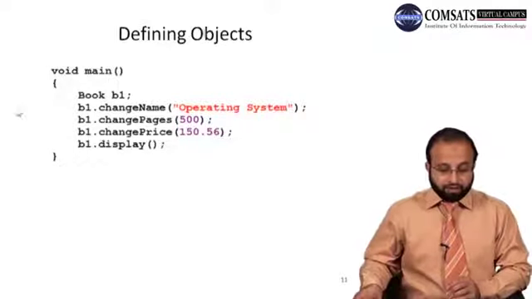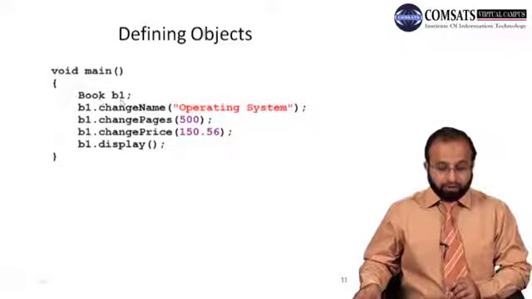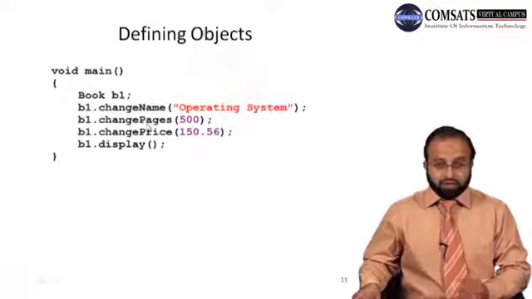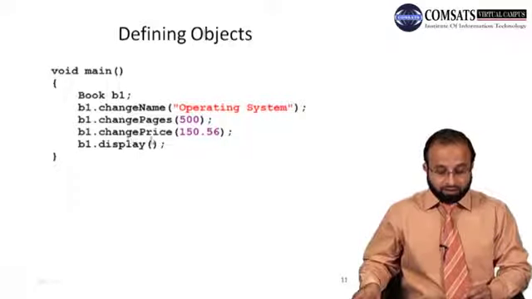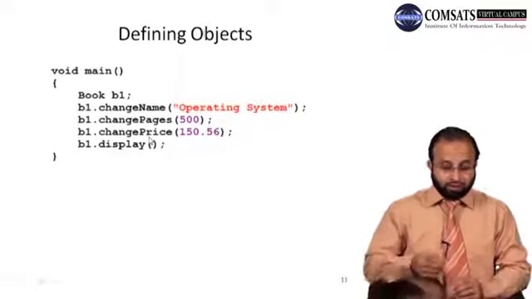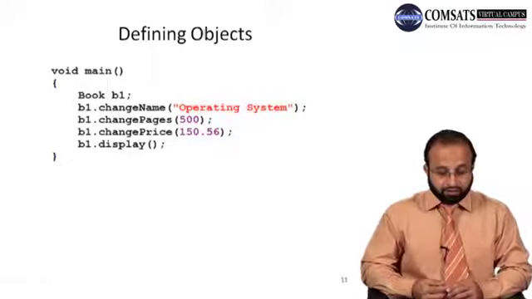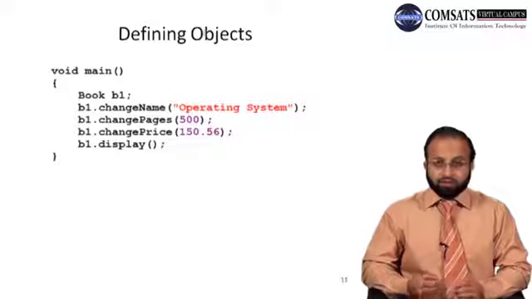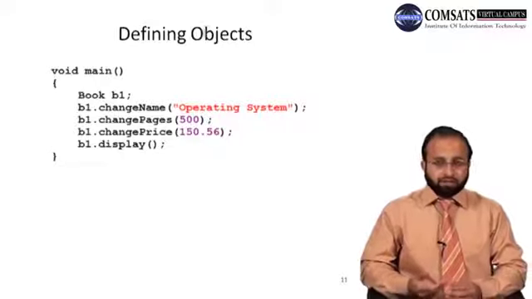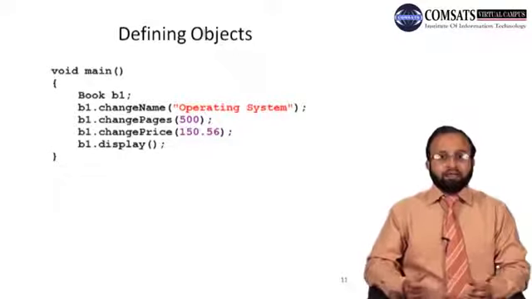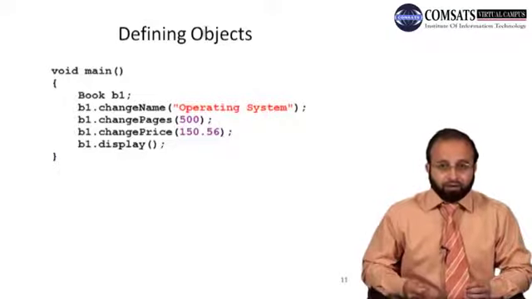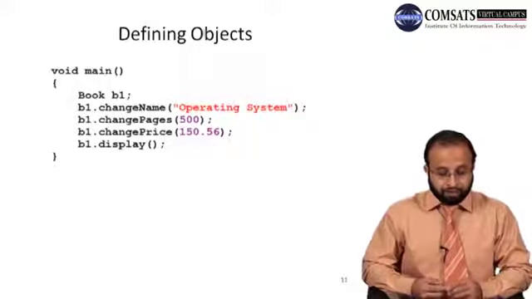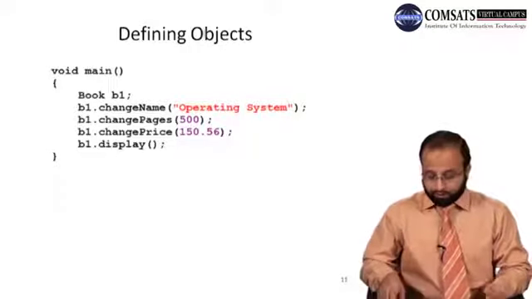We have an object book b1, and then set name or change name, set price, and set pages or change pages, whatever. Previously I have written set name, set pages, and set price, but change name, change pages, change price are the same thing, basically the setter functions. They set the value of a particular private data member of that object of the class, and b.display will display all those values.